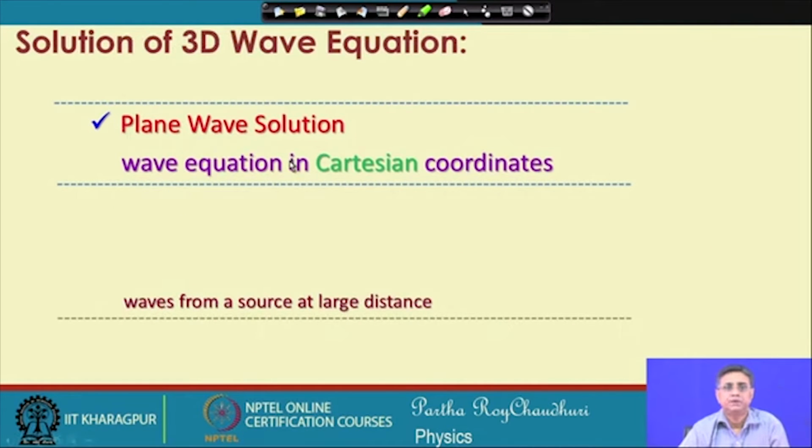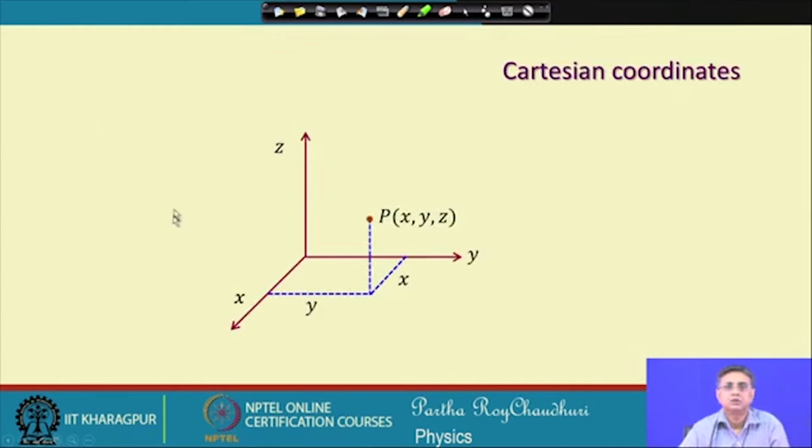Therefore, for a plane wave solution, we start with the Cartesian system of coordinates. As I have mentioned, an electromagnetic wave at a large distance from the source becomes almost a plane wave. So, in the Cartesian coordinate system, as you know, we are very familiar that a point is represented by three components x, y and z.